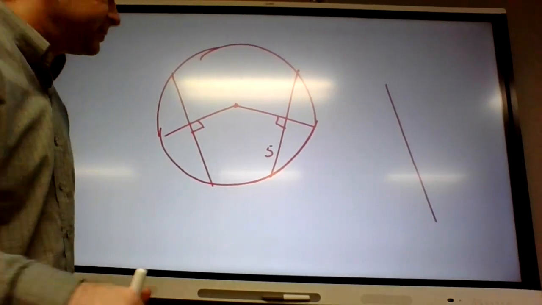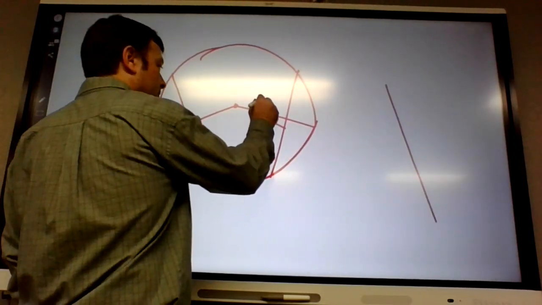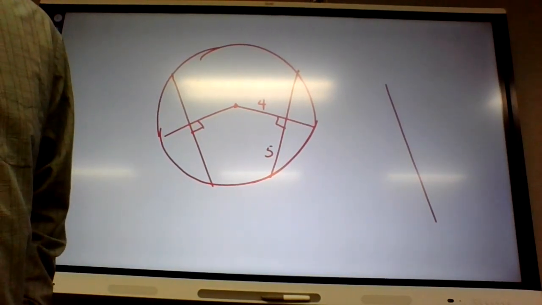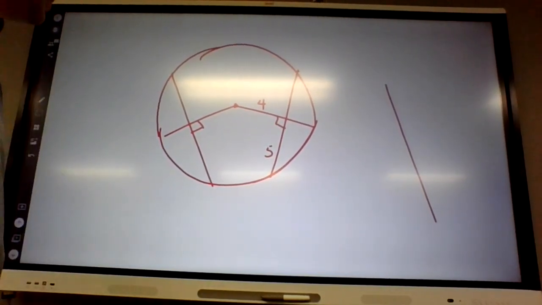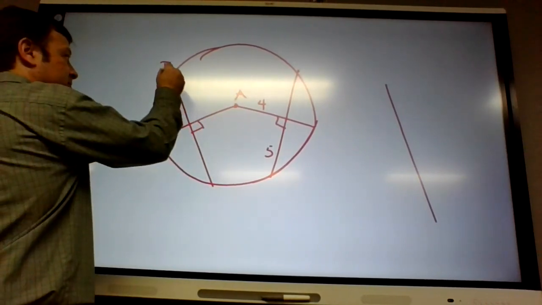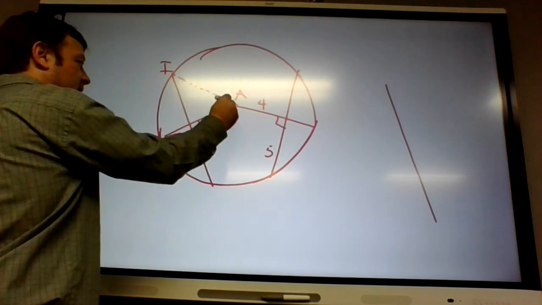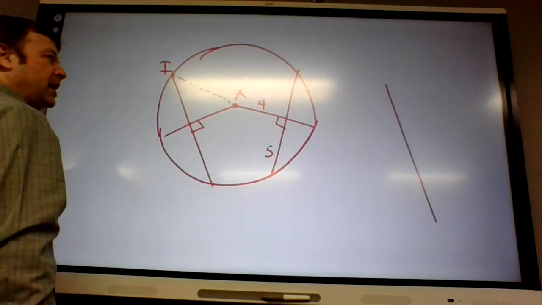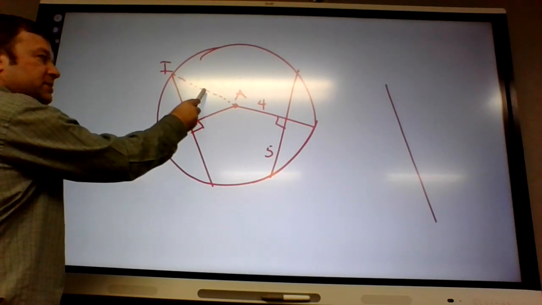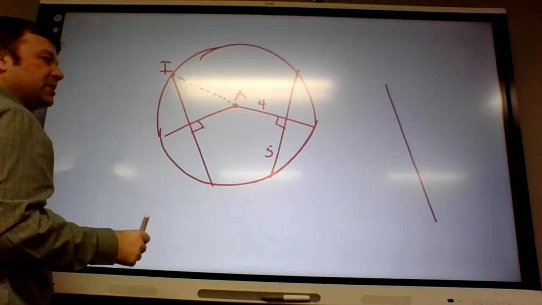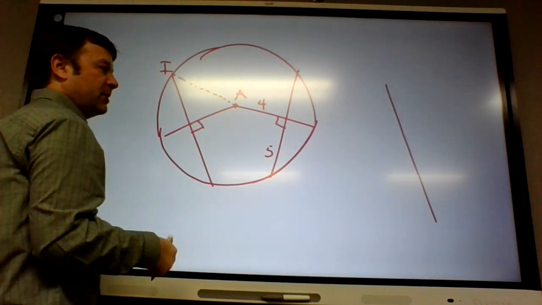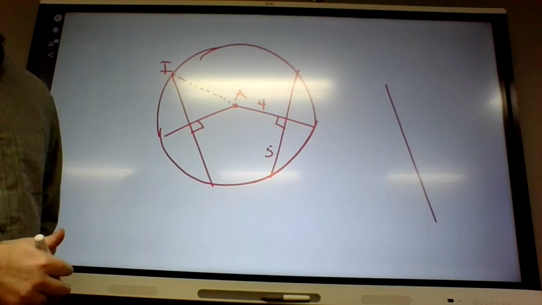AC is 4. And the question was, find AI. Okay, AI makes me think of artificial intelligence. It's all the way up here. Okay, AI is a what of the circle? Radius. Goes from the center to the edge. We kind of talked about this already. Where is a radius that I could actually find?